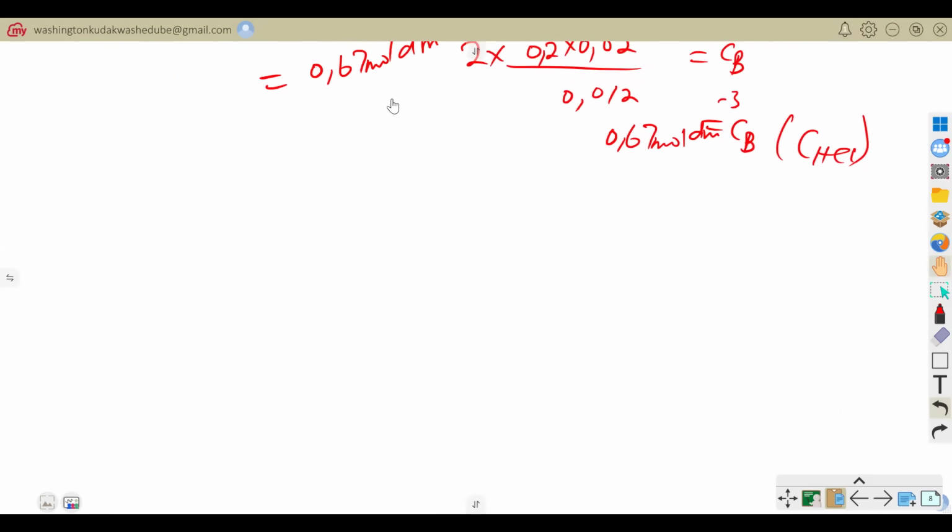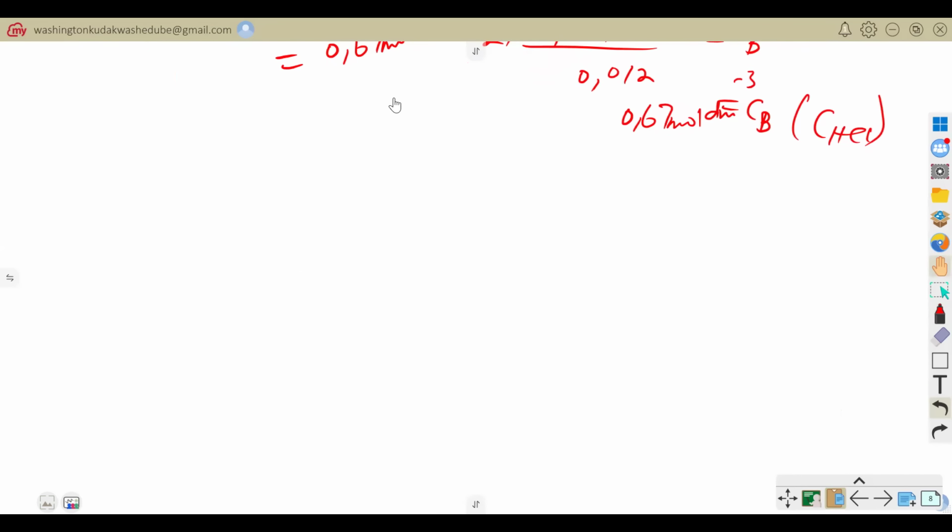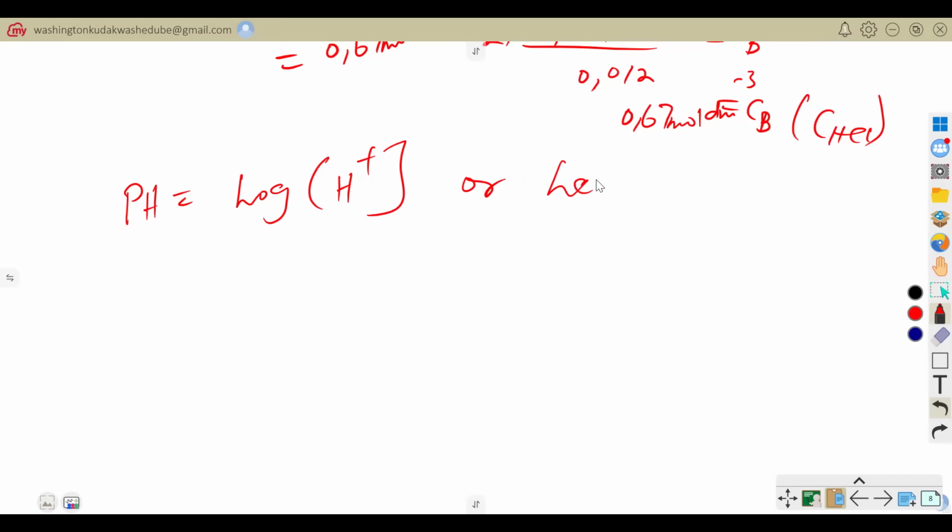We know that pH is the negative logarithm of the H plus ions, or else the H3O plus ions. That substance, or that compound, makes in solution the amount of H3O plus ions that are made by that acid.